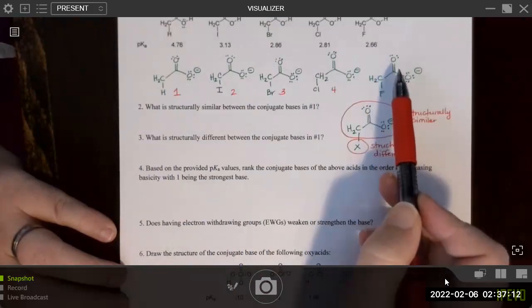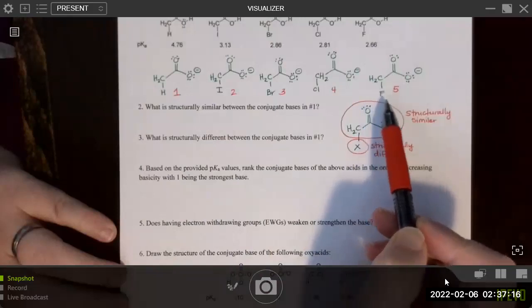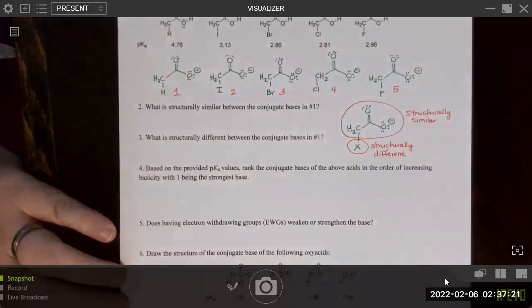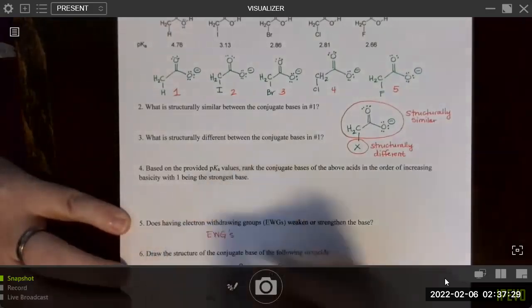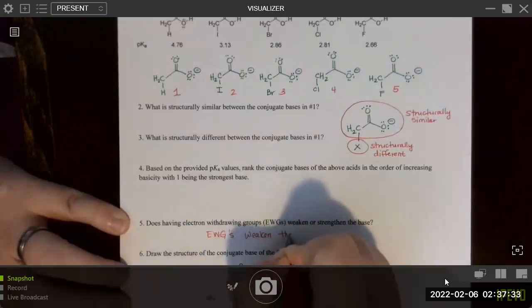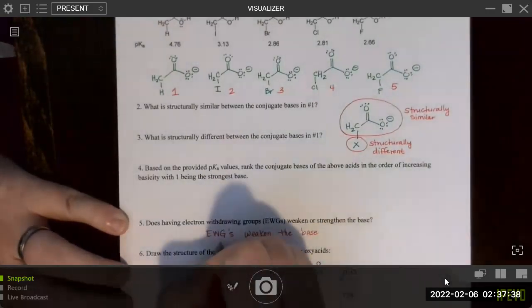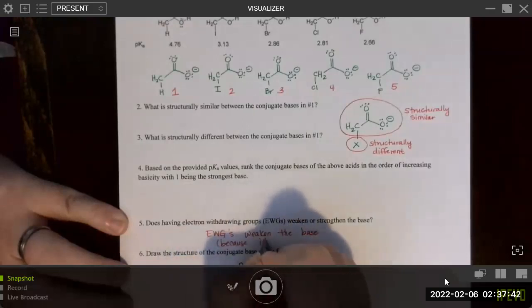Some of that electron density gets pulled towards the fluorine, making that have less negative charge in this direction. And as a result of less negative charge, then it's more stable. So definitely say electron withdrawing groups weaken the base, because it's more stable.